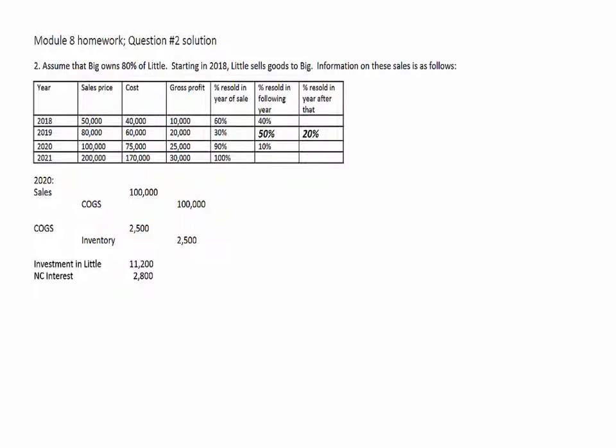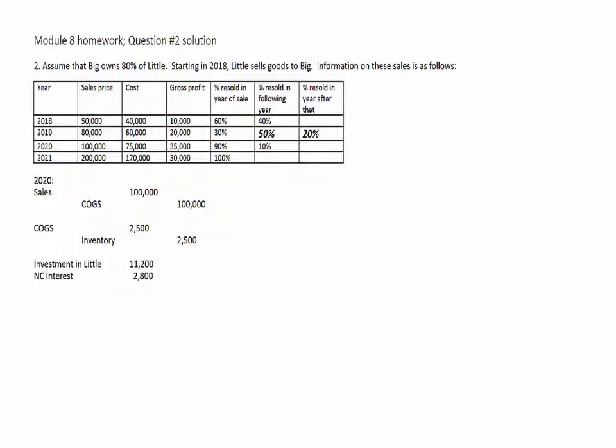When we deferred that, we were acknowledging that this is an upstream transaction, so on Big's income statement there was this inflated inventory, which we had to reduce by $14,000. In the subsequent year, we ask ourselves, where is that merchandise now? Well, looking at the numbers in bold italics up in the table, of the merchandise that was sold in 2019, 30% was resold in 2019, 50% was resold in 2020, 20% is still on the books.